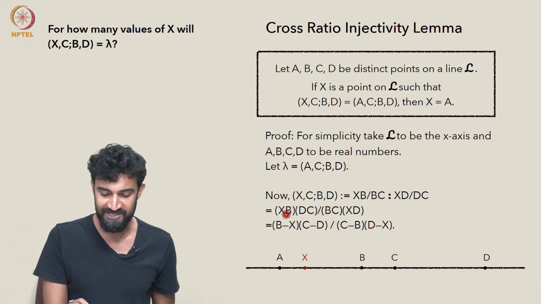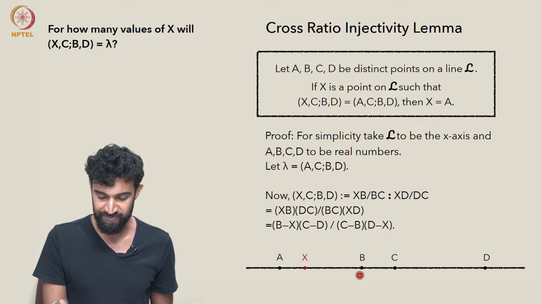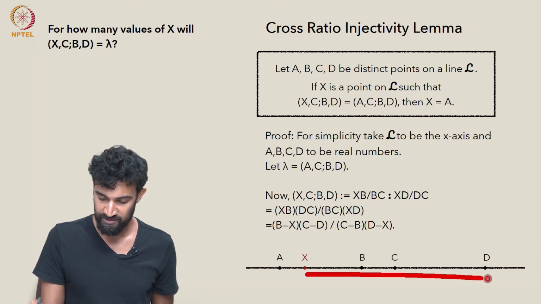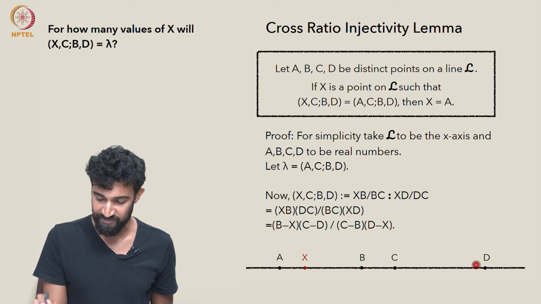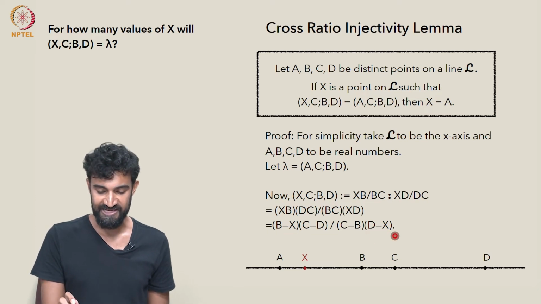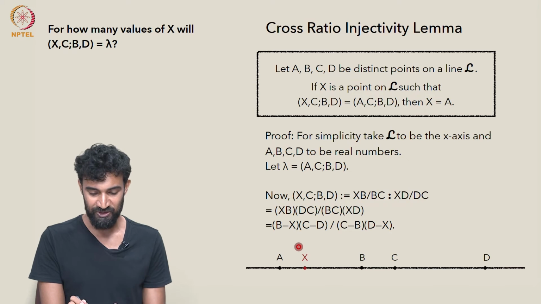And we can rewrite it: XB is just B minus X, DC is C minus D, BC is C minus B, and XD is D minus X. So we can get this expression for the cross ratio.